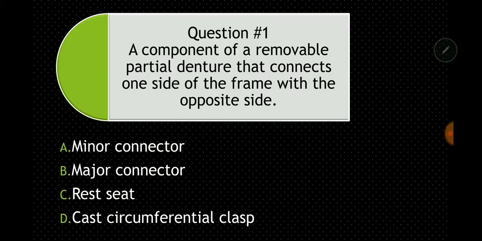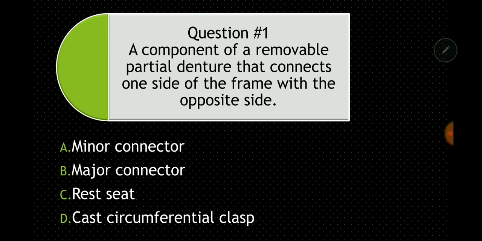So question one. A component of a removable partial denture that connects one side of the frame with the opposite side is called what? A, minor connector, B, major connector, C, rest, or D, cast circumferential clasp.